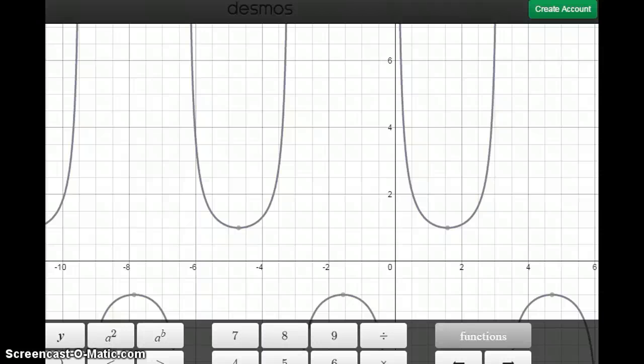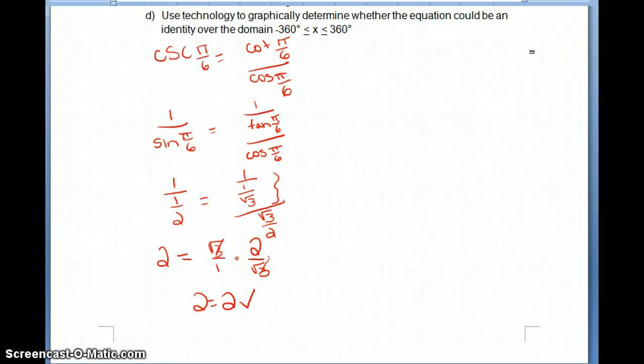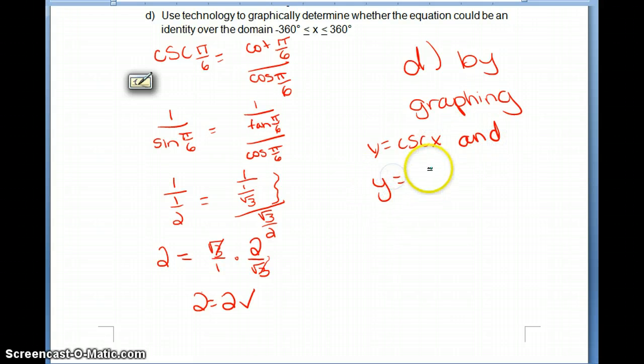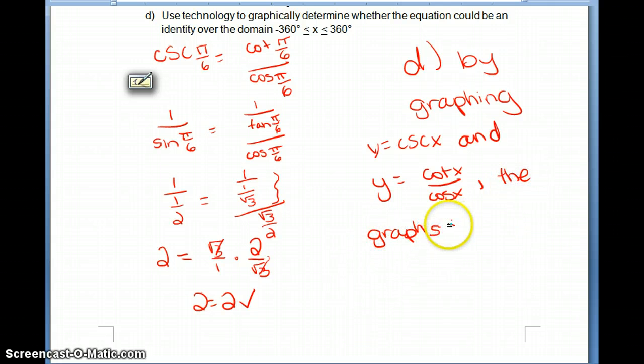So to answer number D, I'm just going to go back to our Word document. So here we can say that for D, by graphing y equals cosecant of x, and y equals cotangent of x divided by cosine of x, the graphs appear to look identical.